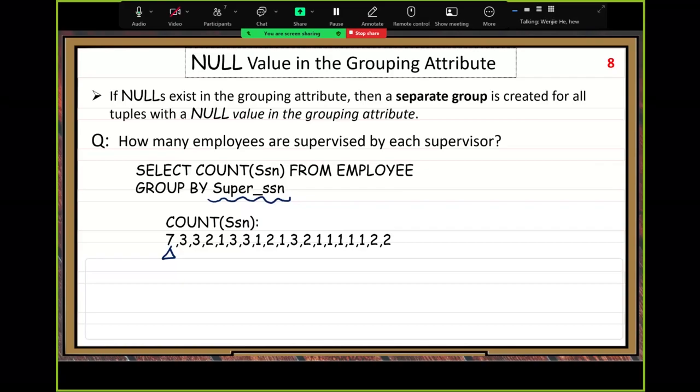To that group we apply the count function and you get 7, and so on for the other valid SSN numbers. All right, so that's the null value.